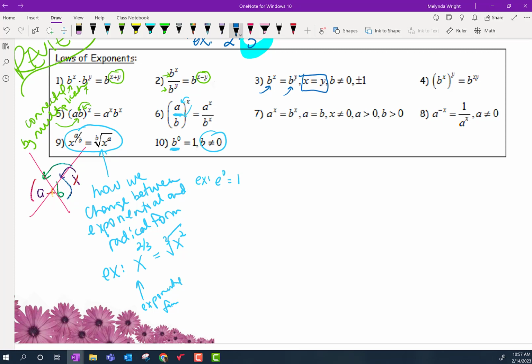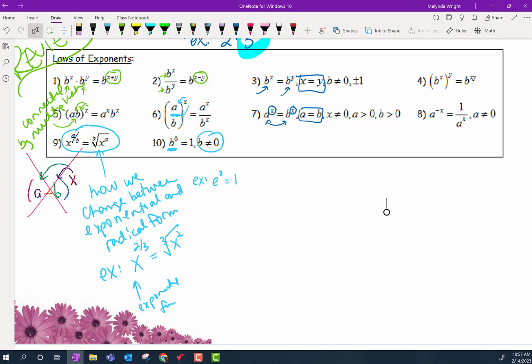It works the other way also. If our exponents are exactly the same, that means that our bases have to be exactly the same. We really don't use this number 7 very often, but it is a law that's handy to know. Okay, on number 4, these are, I call power to power.